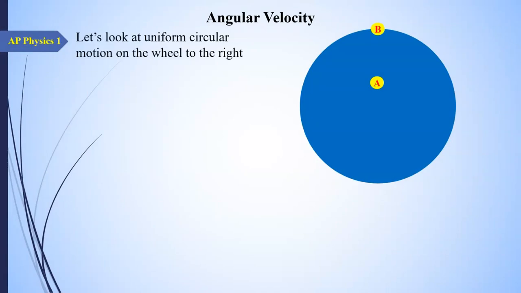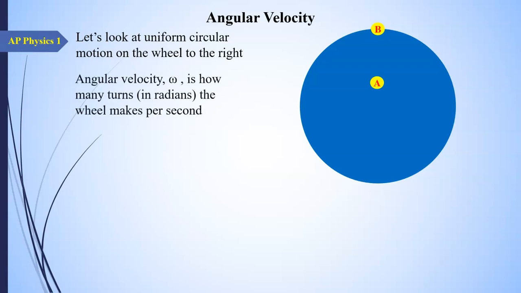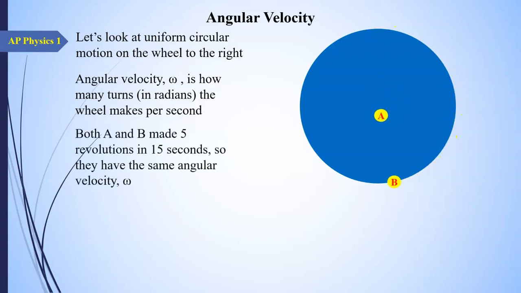Let's look at uniform circular motion on the wheel to the right. Angular velocity omega is how many turns in radians the wheel makes per second. So both A and B move 5 revolutions in 15 seconds. So they have the same angular velocity omega.